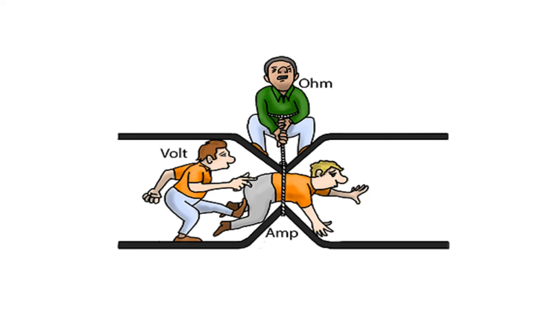So the more resistance, the slower the amps.